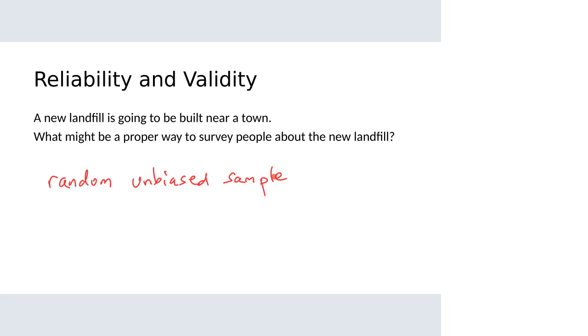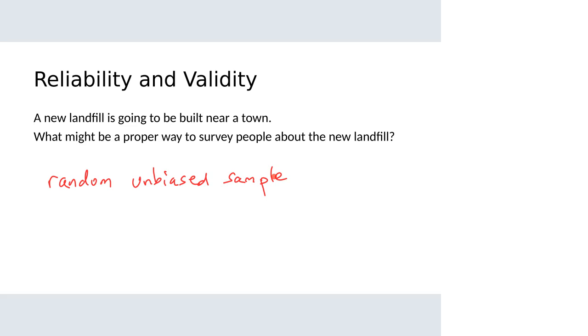But another way you could go about it is looking at your property ownership on the county records. If you wanted to take a sample from that, you'd have all the residents of your county listed in one place, and then you could use a random number generator. Let's say you've got 15,000 people in the town, they all get a number, and the random number generator comes up with 100, 200, 500, however many you want to survey, and those ones are picked at random.